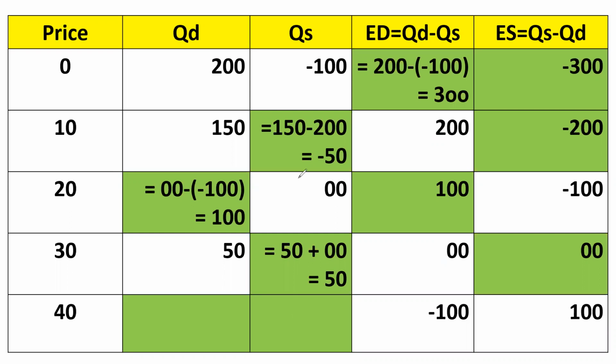Look at QD 200, 150, 50 because these are linear curves. So then next value will be 0. 200, 150, 100, 50, 0 like this.